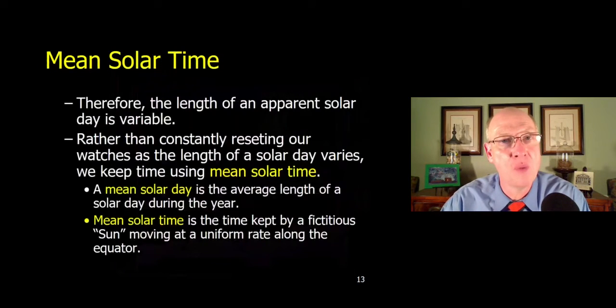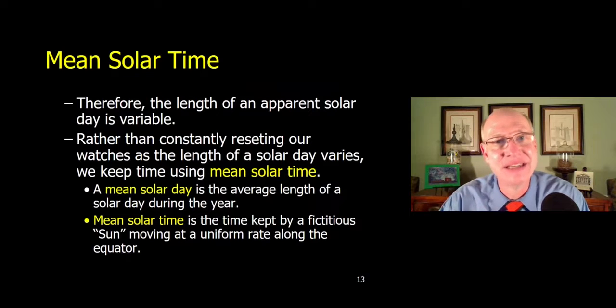So a long time ago, people decided not to keep time according to apparent solar time. They decided to keep time according to mean solar time. Mean in this case means average solar time. Mean solar time is with respect to a fictitious sun, not the real sun, but a sun that moves through the sky at a constant rate.